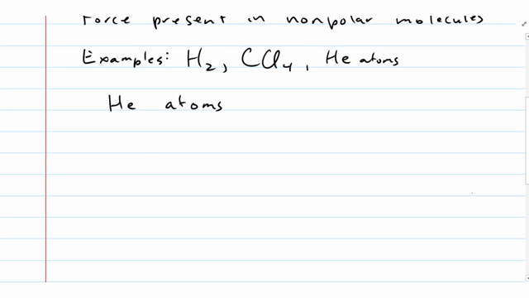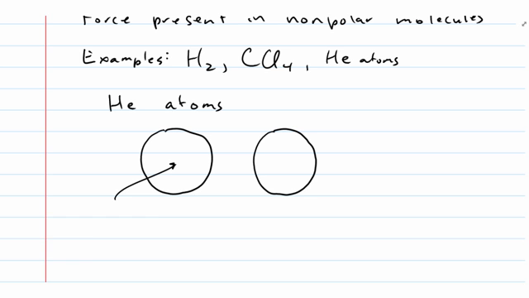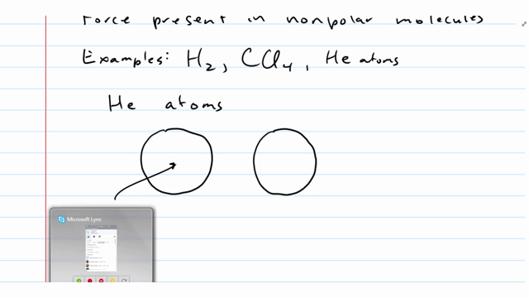We could look at the construction of a helium atom. And to look at the construction of a helium atom, we look at what's in the nucleus. And how many protons would be in the nucleus of an atom of helium? So go back to the periodic table, and we look at helium.